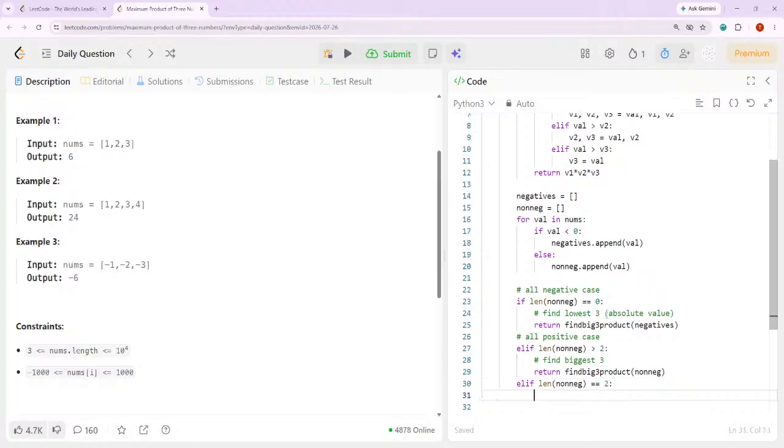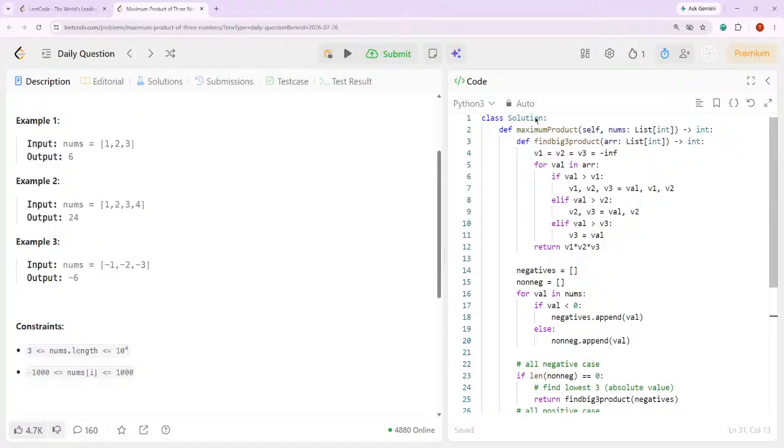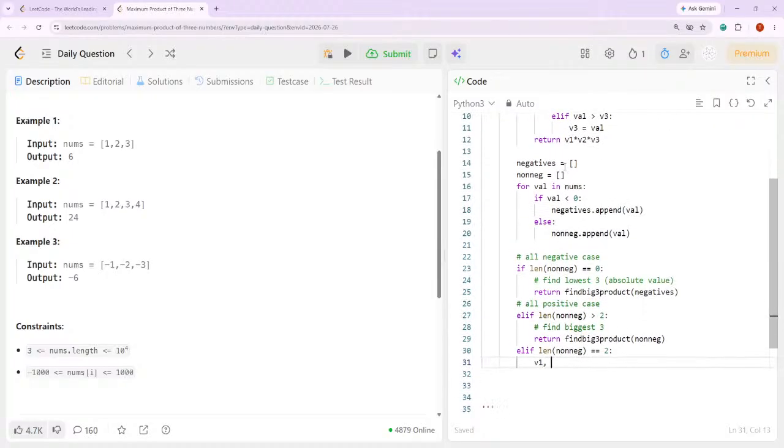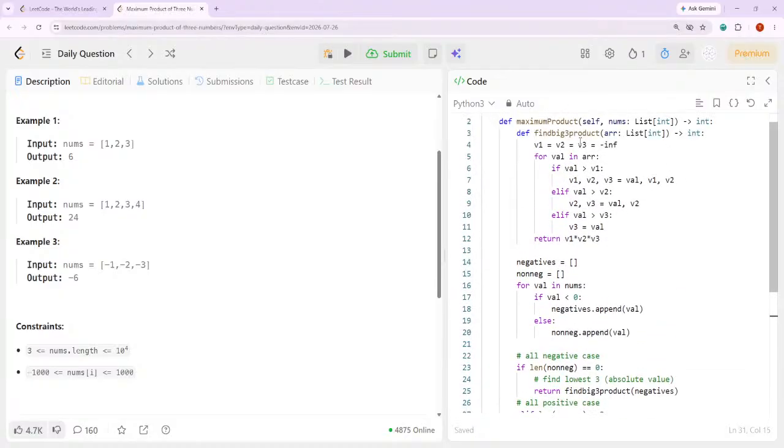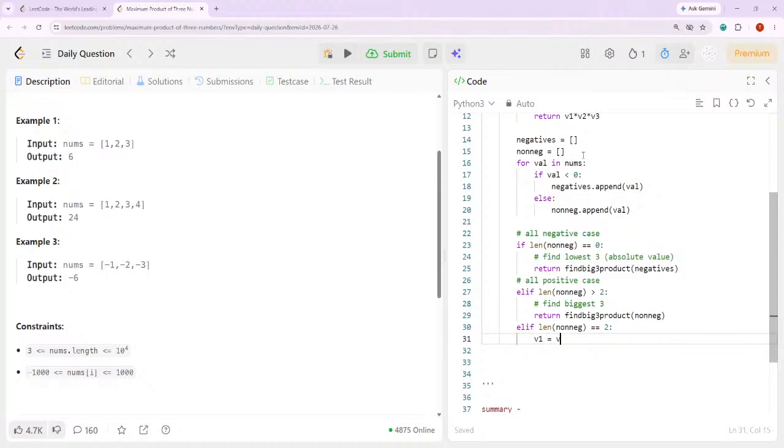So I need to find the biggest two. I guess this is kind of the same code, but big 2 instead of big 3. So let's say V1 and V2. Actually, yeah, that's right. V1, V2 is starting at negative infinity for every value in the non-negative array.